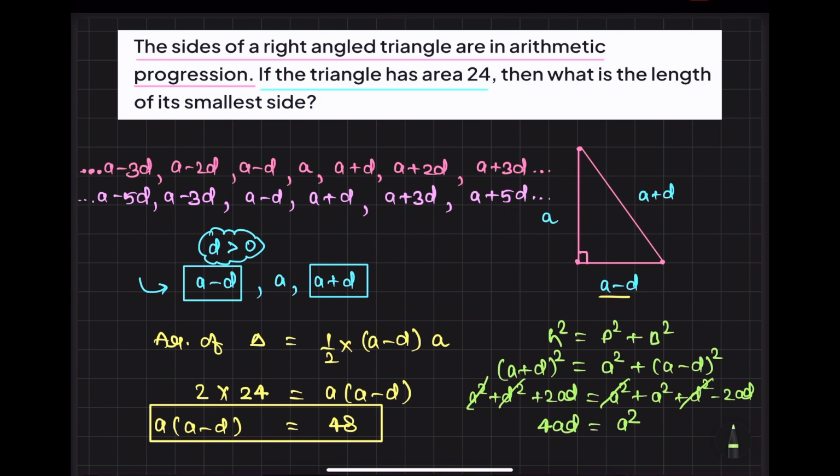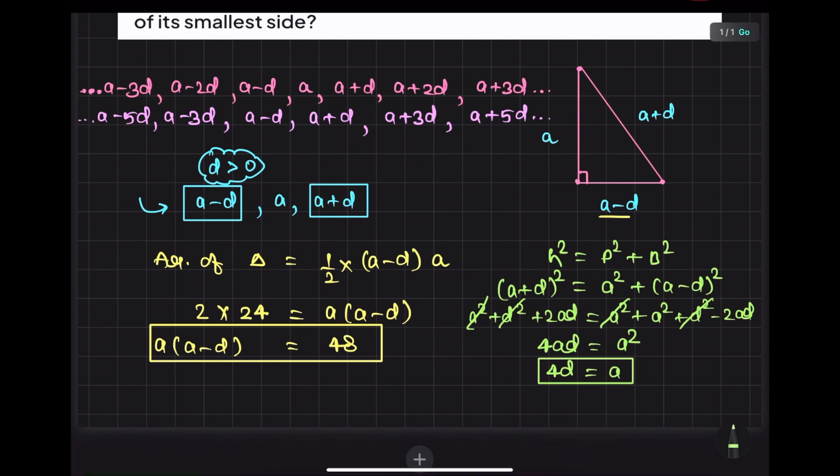Now you know that a is the side of a triangle, so it cannot be negative, so we can divide both sides by a. So can I write 4d equals a? Now replace a with 4d, so we will have 4d into 4d minus d, which is 3d, equals 48.